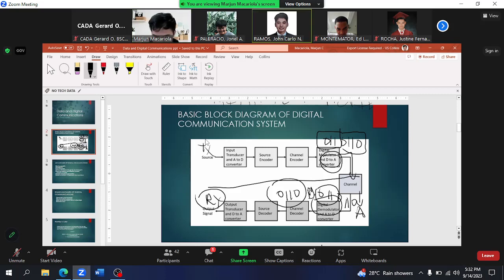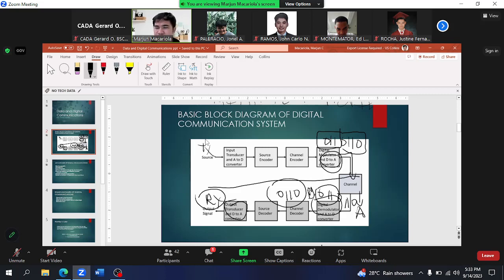Okay. So source decoder again, it will output a digital signal. Okay? So digitized ulit yung sample signal. Then lalabas kay output transducer. So ang magiging output dito ay digital, then sa stage na to, i-convert niya into analog.